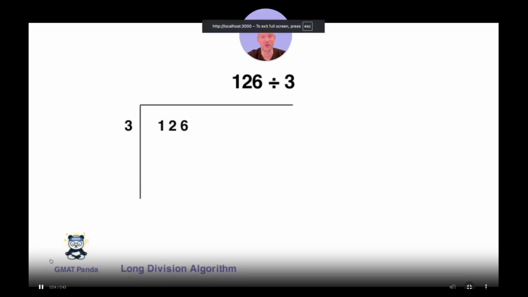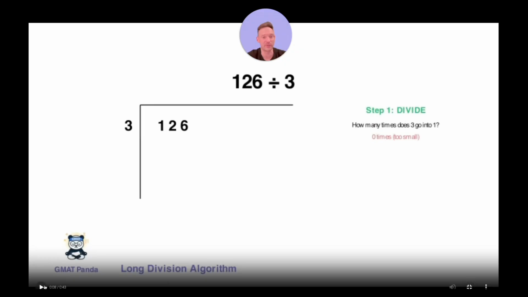So let's say that we're dividing 126 by 3. Most of you would have seen something similar to this at school. Depending on where you studied, your teacher, your country, you may lay things out a little bit differently, but it's pretty much the same thing.